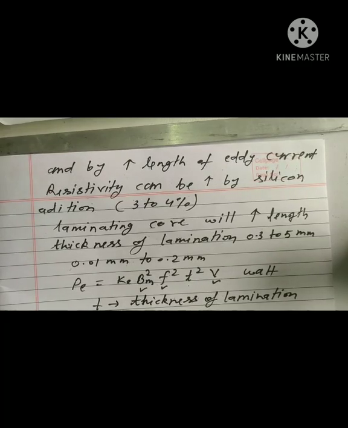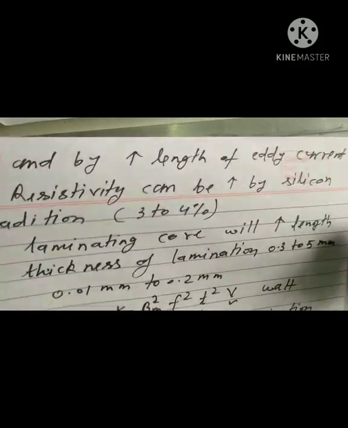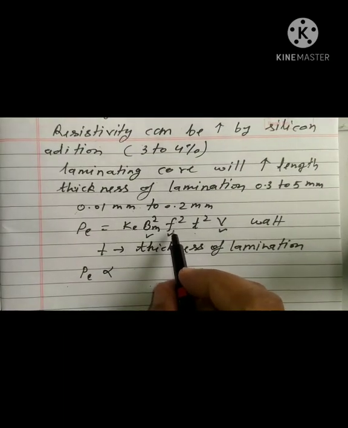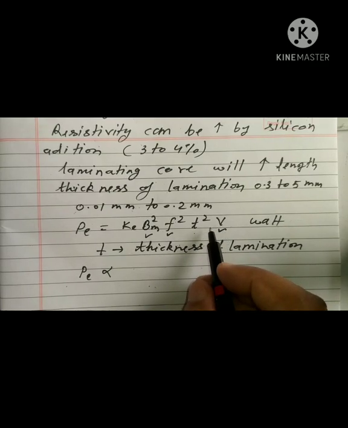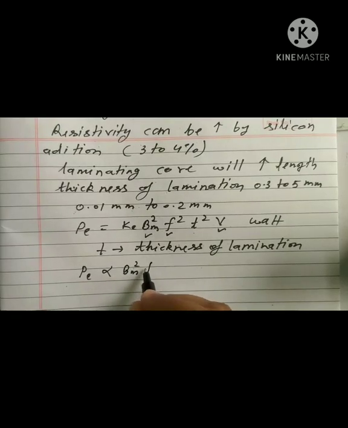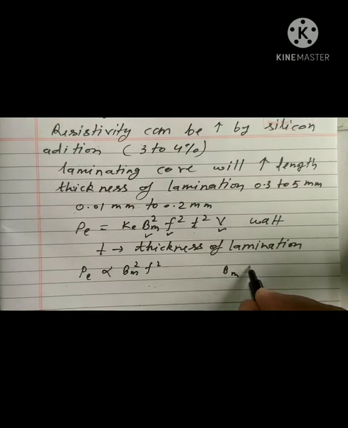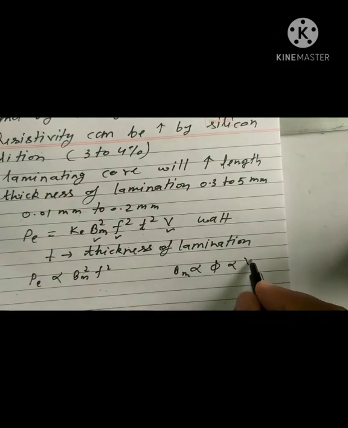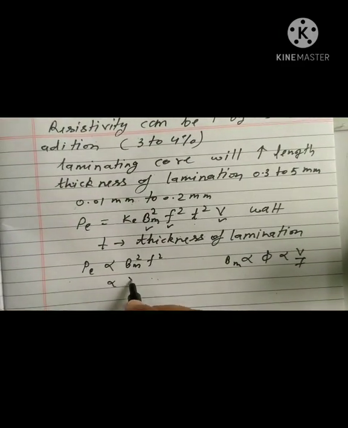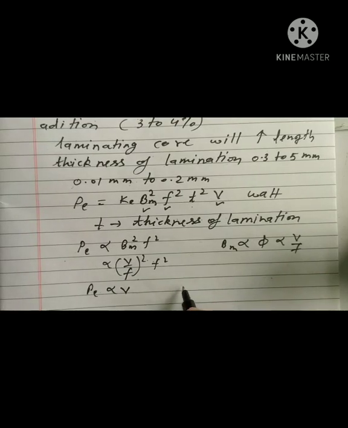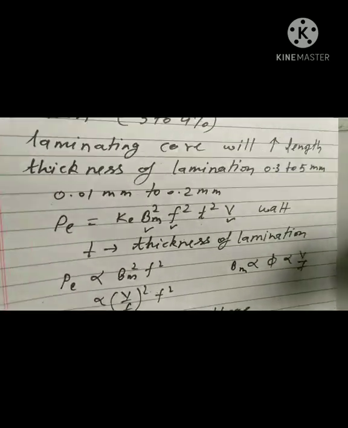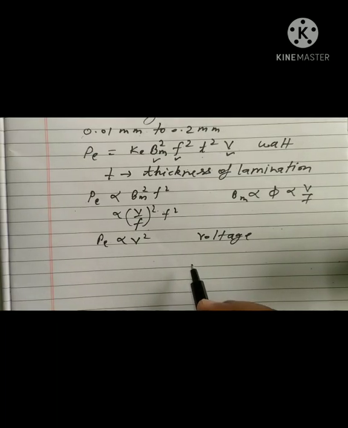So I can rewrite PE is directly proportional to, as we know K is constant, the thickness of lamination of a given transformer will be constant, volume will be constant. So I can rewrite this as Bm square F square, and we know Bm can be replaced by phi and phi can be replaced by V by F. So I can replace it with V by F whole square into F square, or eddy current loss is directly proportional to V square, where V is voltage. So we can say that eddy current loss and hysteresis loss both are voltage dependent.